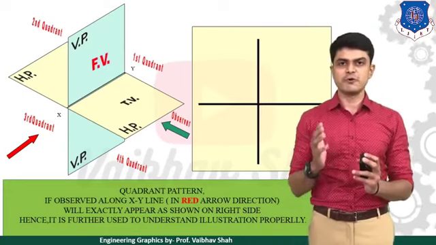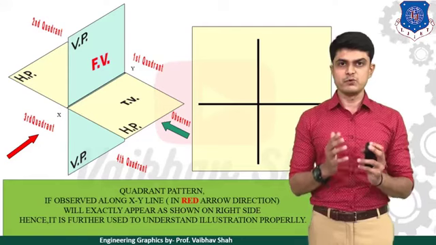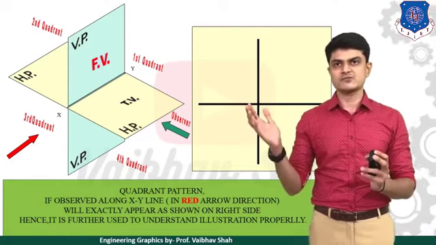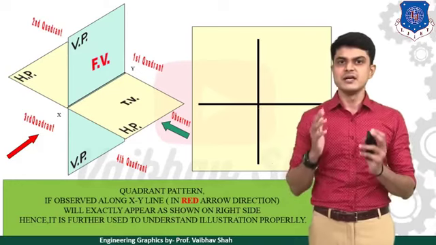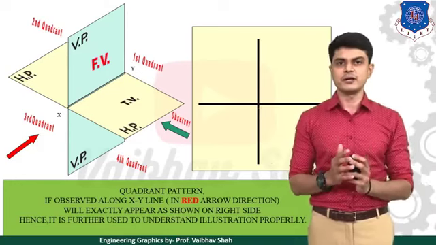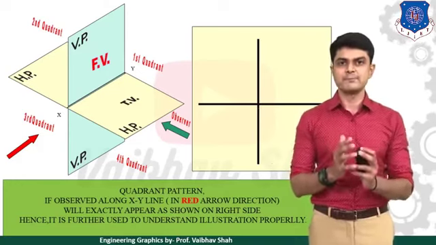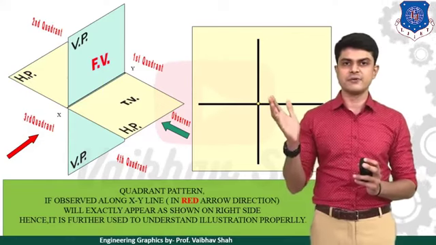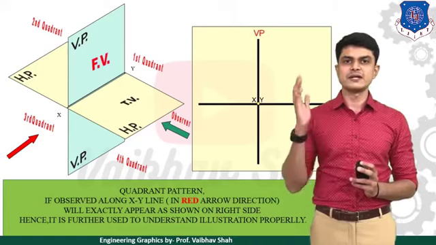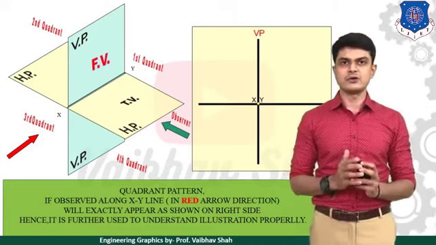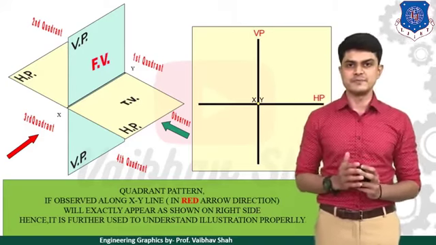Now the intersection of HP and VP gives us nothing but what? Your XY. When you observe your XY from the red arrow direction, your X and Y points coincide at the same point. So we have the intersection point here as your X and Y point. Let us denote this vertical line as VP and the horizontal line as HP.